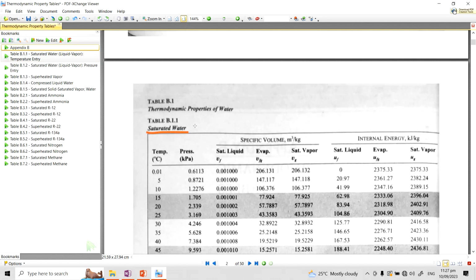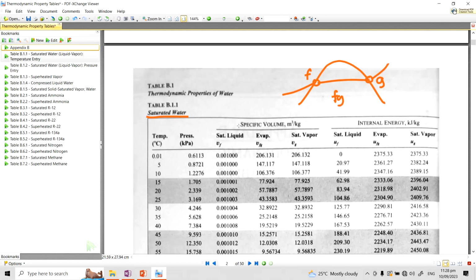It says here saturated water, which means that if here's our saturation curve, here are our points. We have the saturated liquid here, and here is the saturated vapor. Recall that our subscript at this point is f, here is g, and anywhere in between it's fg. So here are our properties.